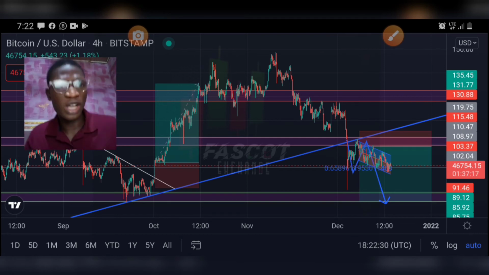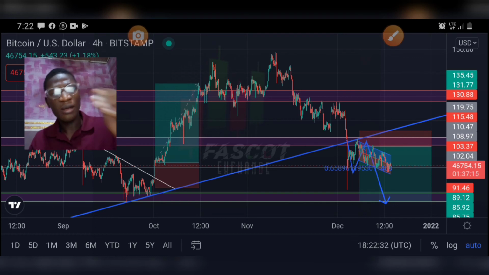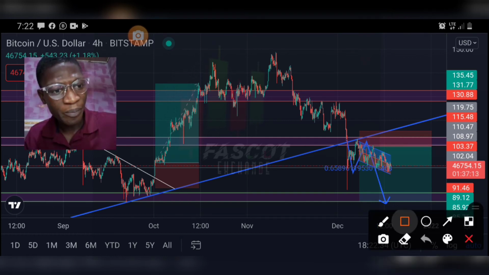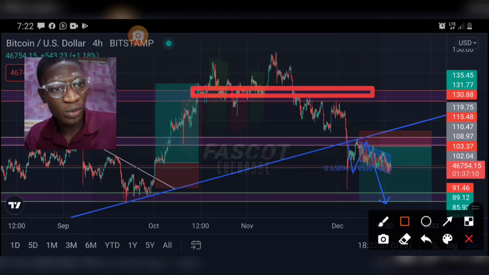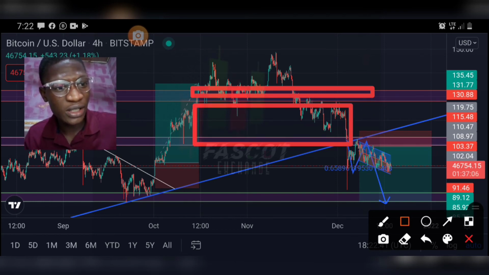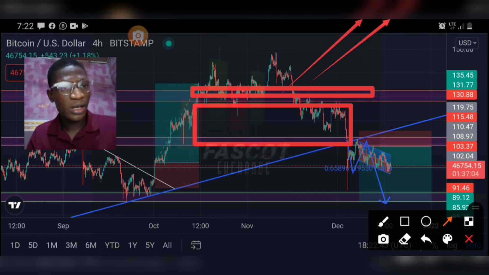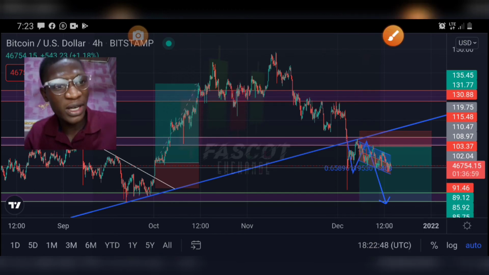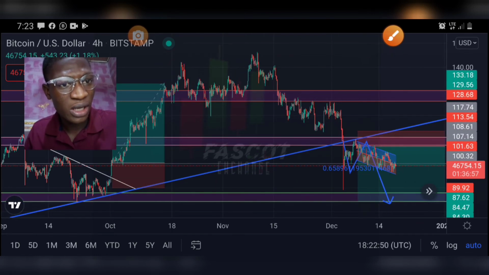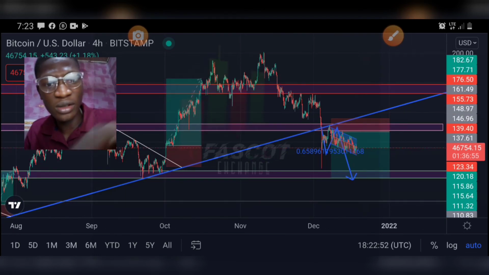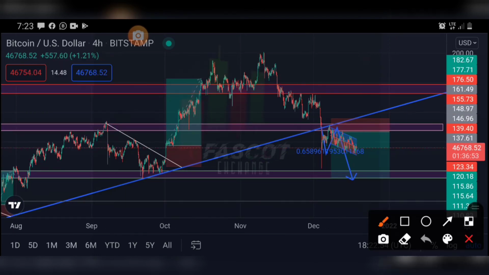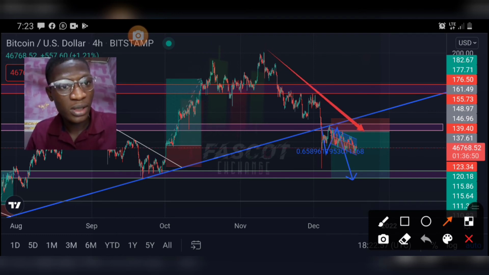Because the market structure has been broken, and the sellers at this zone have been stopped out, and there's a chance that we're going to go long, because we are expecting this price to find support and then try to go in there. Right now, if you watch this zone very well, you see the market fell off.